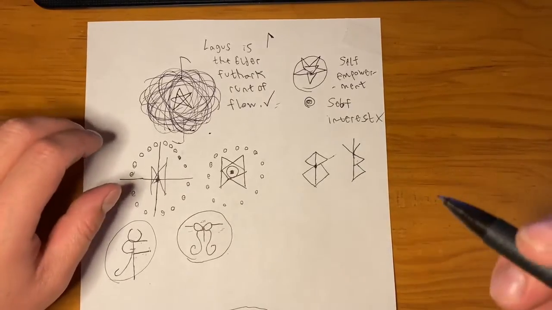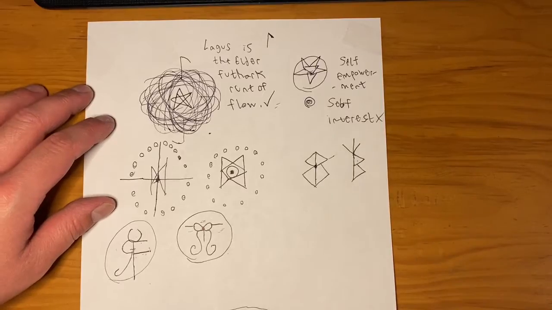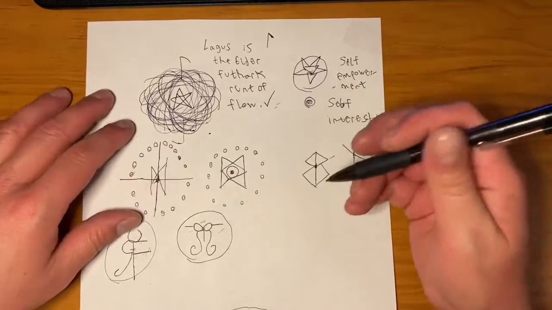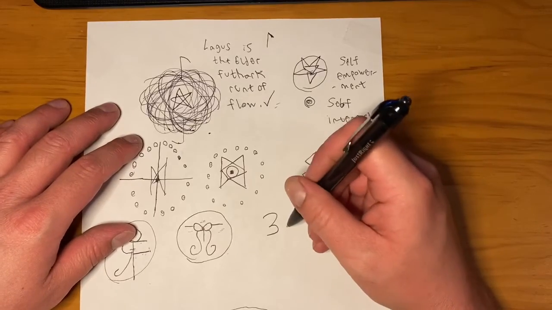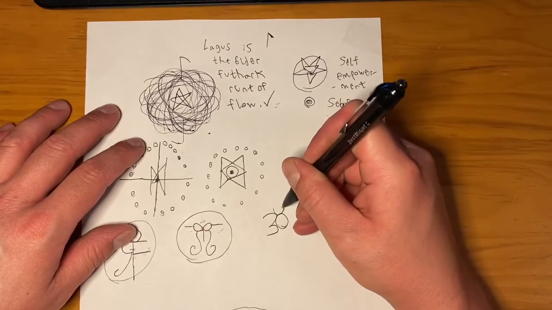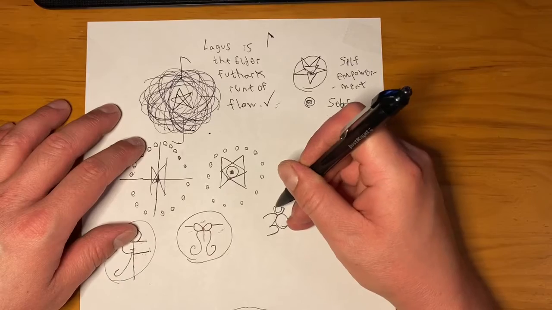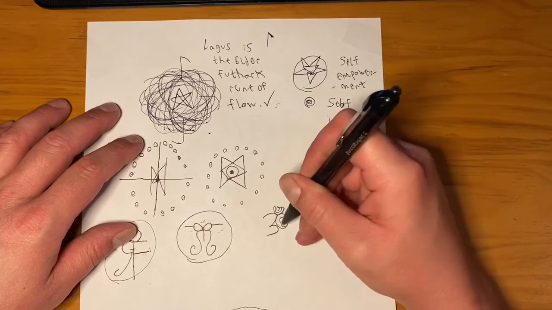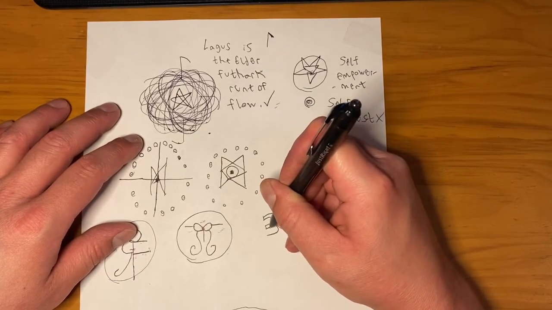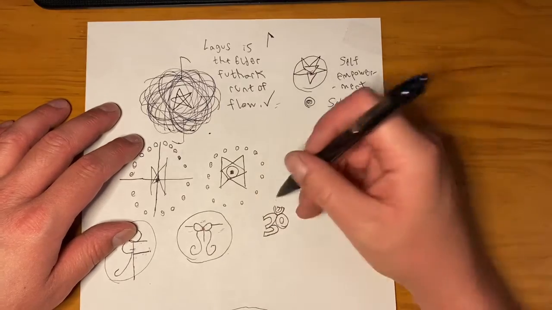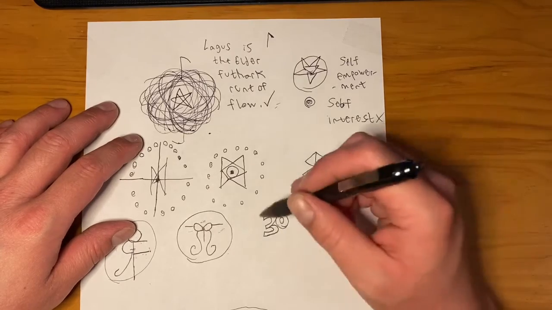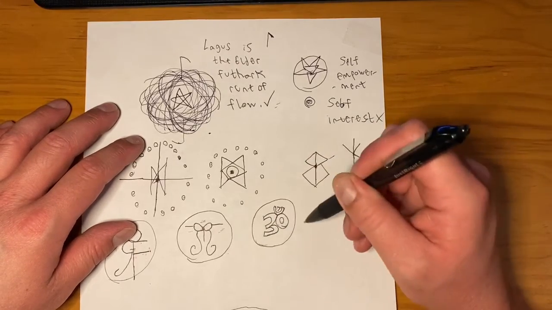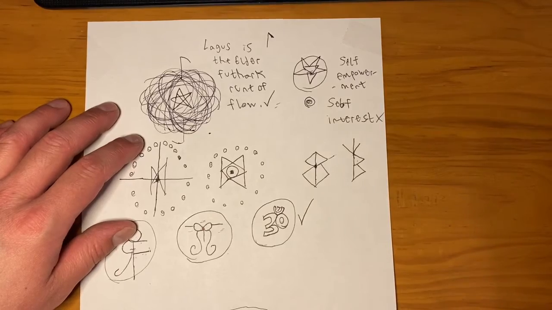So let me cover one more thing. A lot of people like to use religious symbols in their sigil craft. If I was going to use one that I very much identify with, it would be Om, the symbol for Om. This can still be a sigil by itself, and this is a very important symbol for me.